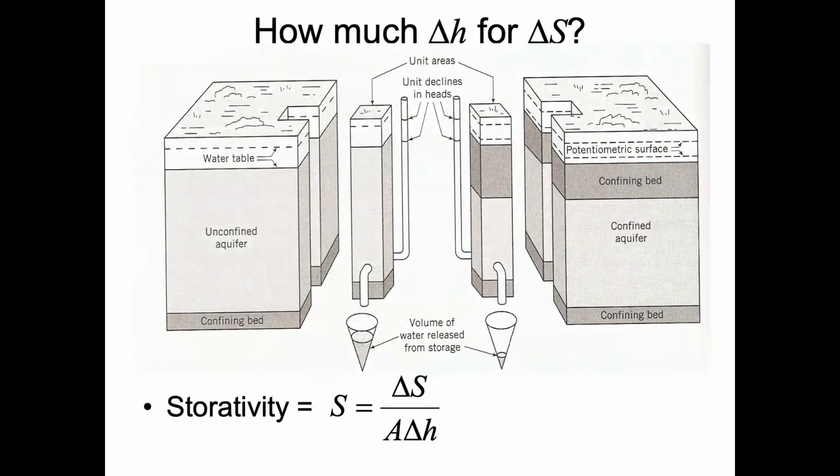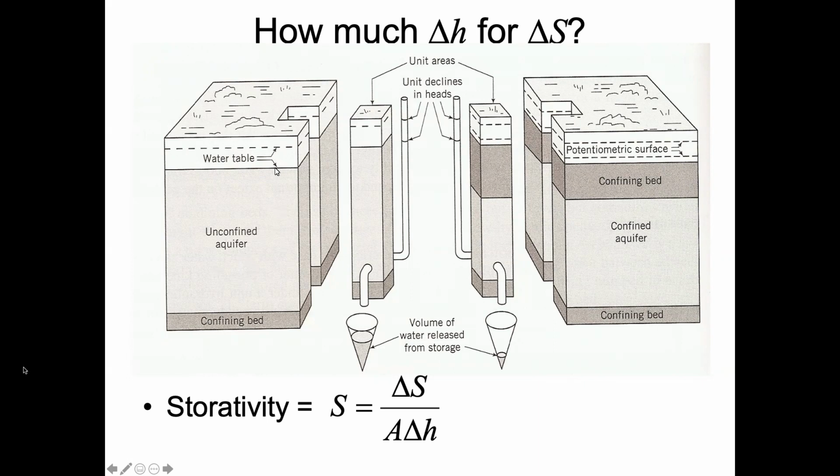So why are we going through all of these terms and why are we considering these different environments? One thing we have to consider is the volume of water that's given up, whether or not you are working with a confined or an unconfined system. So on the right-hand side, we have our confined aquifer. On the left-hand side, we have our unconfined aquifer.